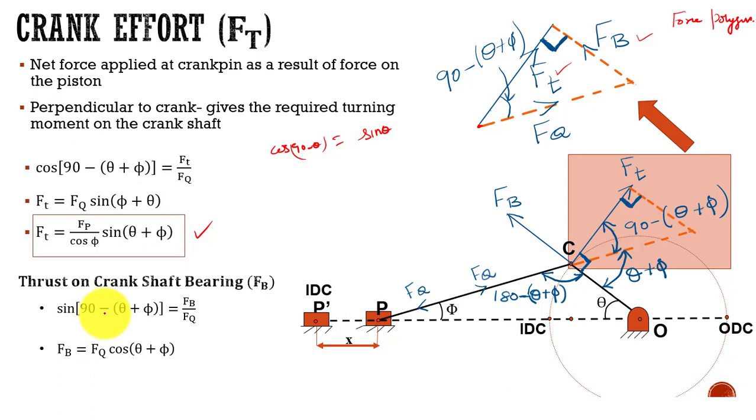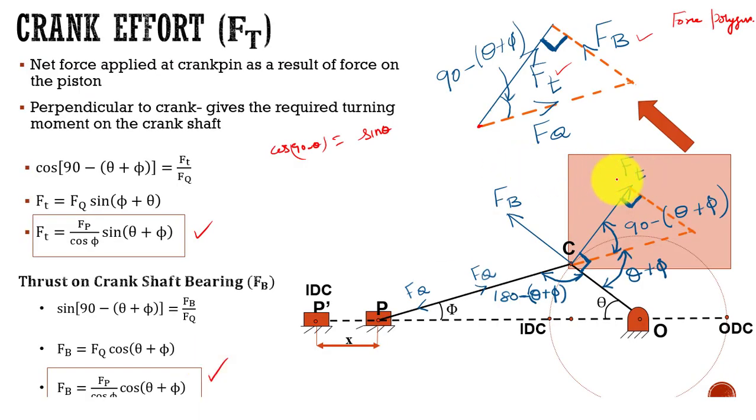I'm converting sine of 90 minus theta into cos theta plus phi, and finally I got the relation: Fp is equal to Fp cos of theta plus phi divided by cos phi. This is the equation we need to remember to find the thrust on the crankshaft bearing.